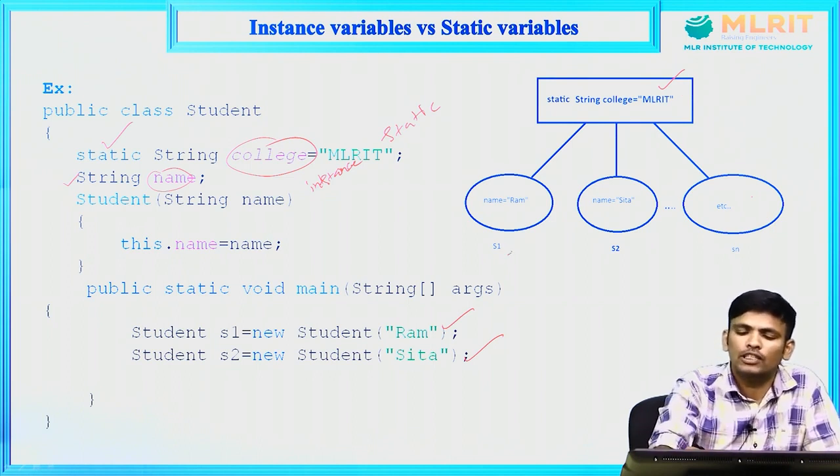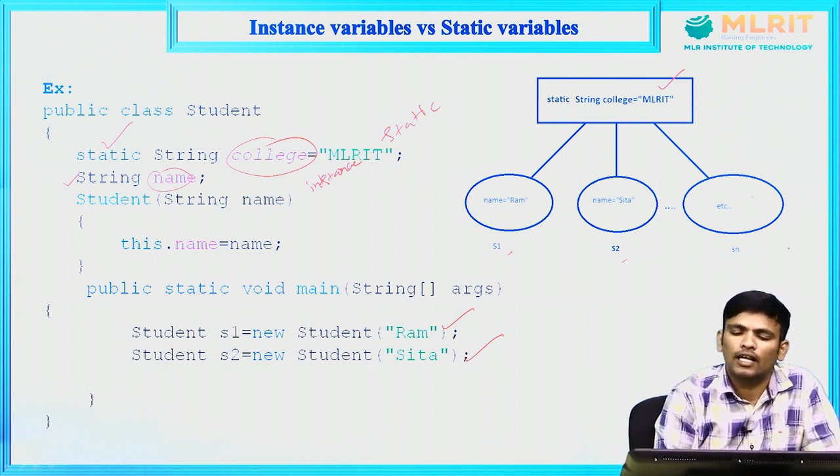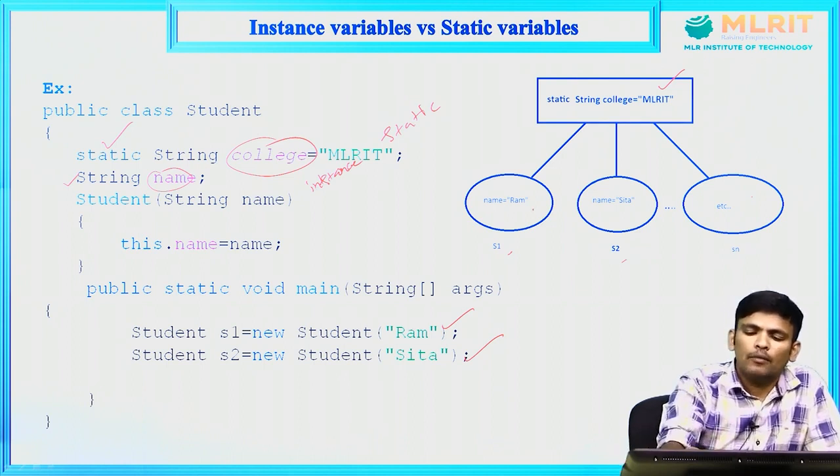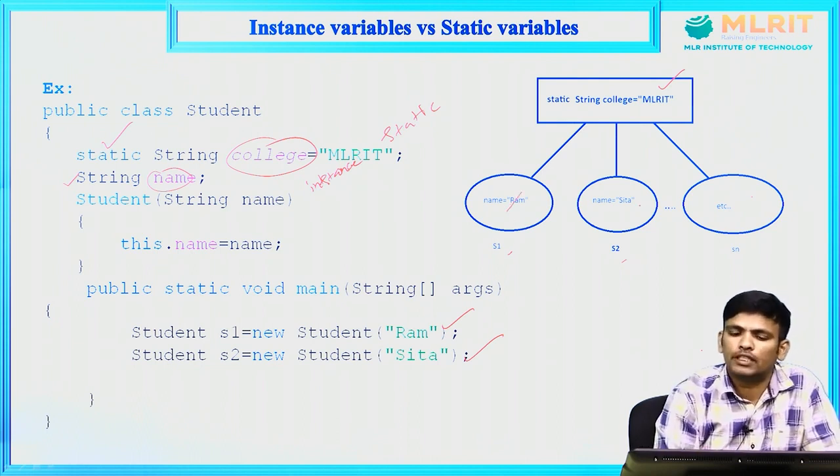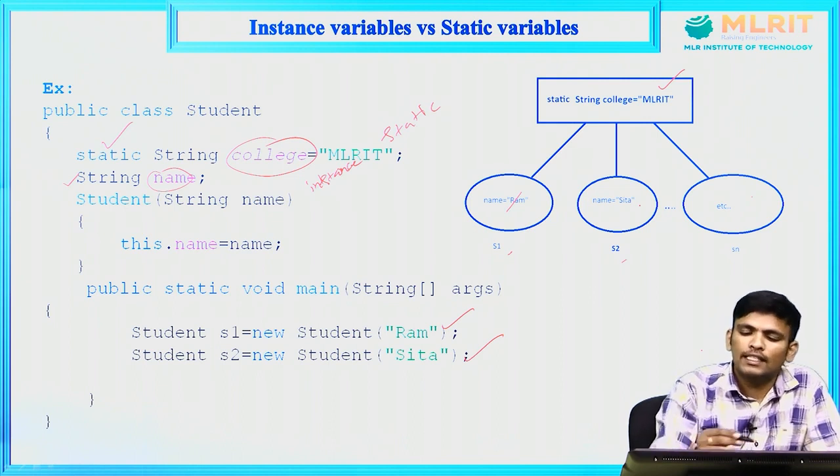S1 is one object, S2 is another object, and S3 and Sn are all objects of the class. The name of S1 is Ram. Here I declared the name as Ram, and S2's name is Sita. Now, if you change anything in S1, that will not reflect on the S2 object. Okay, so that is what an instance variable is.